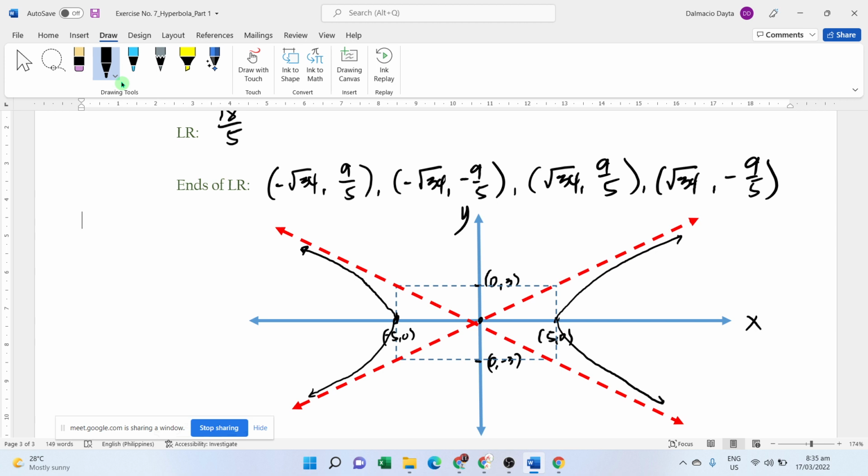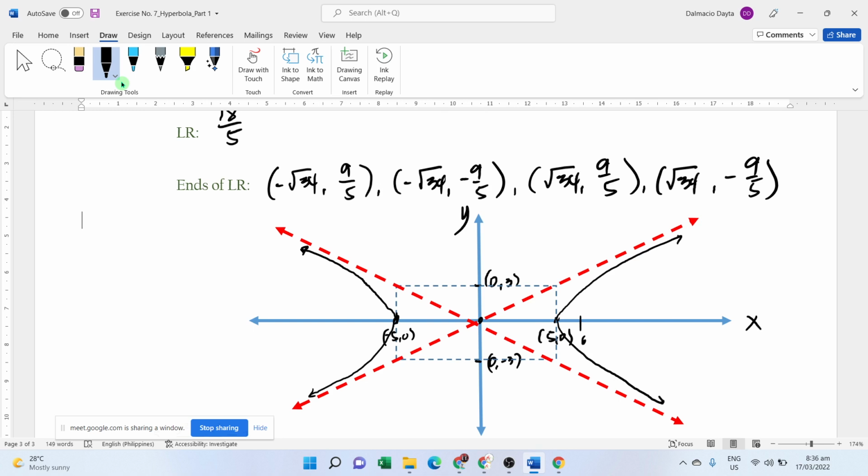Now, how do we graph negative square root of 34 and square root of 34? I mean the foci. You know that the square root of 34 is between square root of 25 and the square root of 36, the two perfect square numbers. So square root of 34 is between 5 and 6. So if this is 5, there must be probably 6 here.